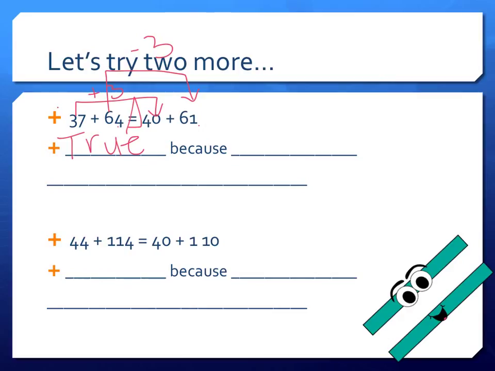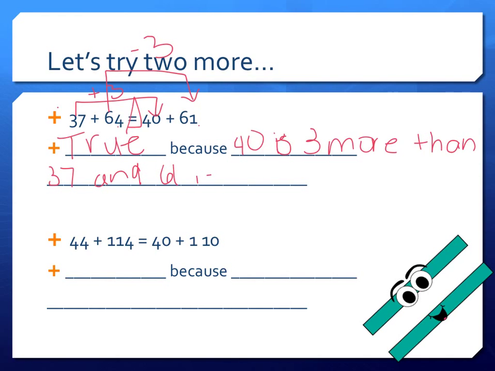And I explain it by saying 40 is 3 more than 37. And 61 is 3 less than 64.